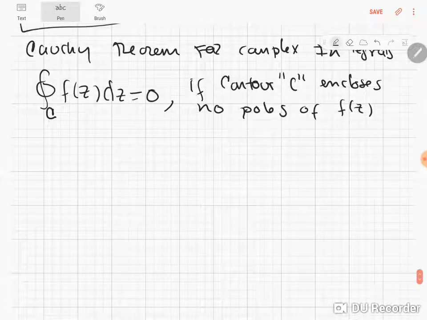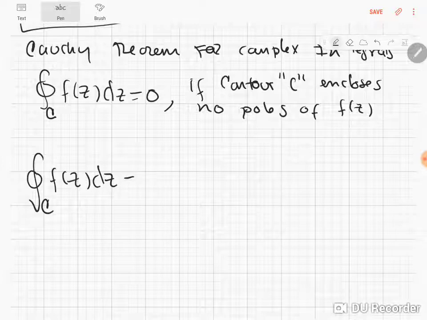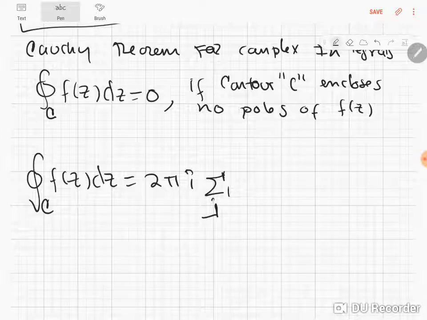Now what happens when we have poles? If we have poles, then the integral on that contour C of f of z dz is equal to 2 pi i times the summation of all the residues of the function f of z.